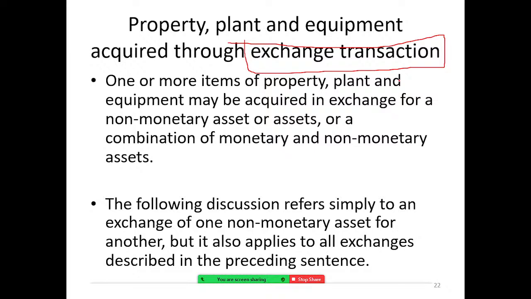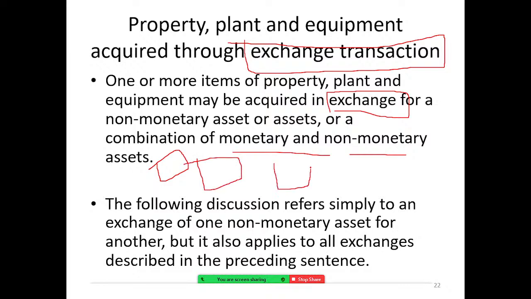So one or more items of property, plant and equipment may be acquired in exchange for a non-monetary asset, or a combination of monetary and non-monetary assets. Cash is a monetary asset, a check is a monetary asset, but machine A or plant B is not a monetary asset, right?